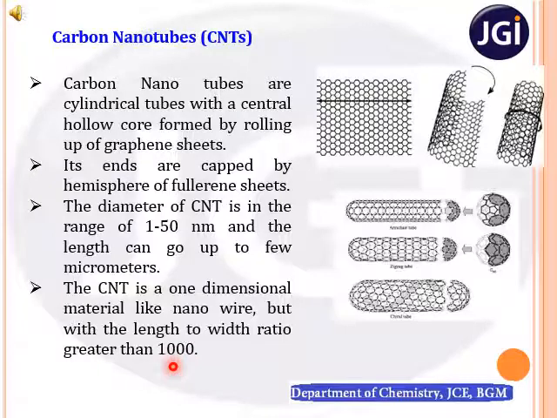The length to width ratio is calculated by dividing the length of the material by its width, and it is higher than even diamond. So this is the introduction of carbon nanotubes. In simple terms, remember that a graphene sheet rolled into a tube-like material is called a carbon nanotube.